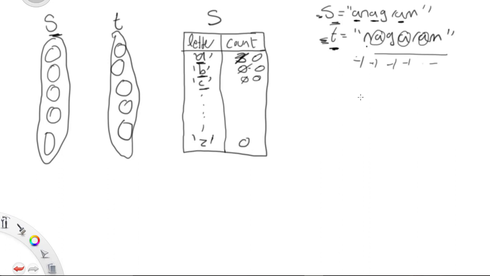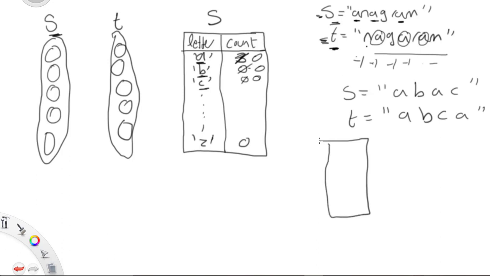So let's take another example. If S is A, B, A, C, and T is A, B, C, A. The hash table would have 2 columns, the letter and the count.